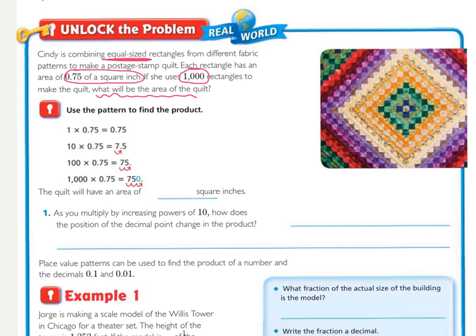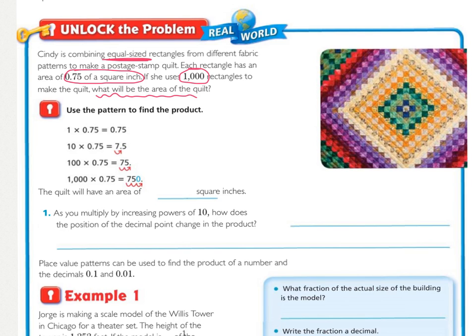So we're taking 75 hundredths of a square inch, and one rectangle, that is the area. Then if we have 10, you have 10 times 75 hundredths. Look, you move the decimal one place, so it's 7 and 5/10.